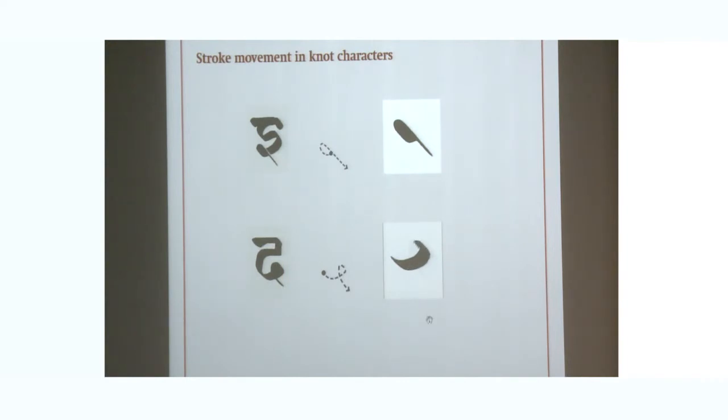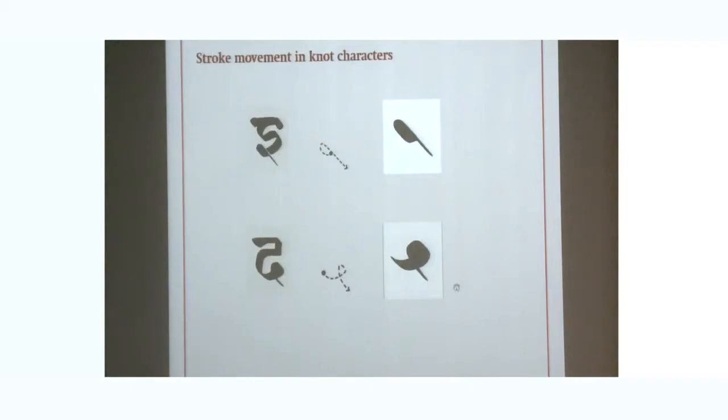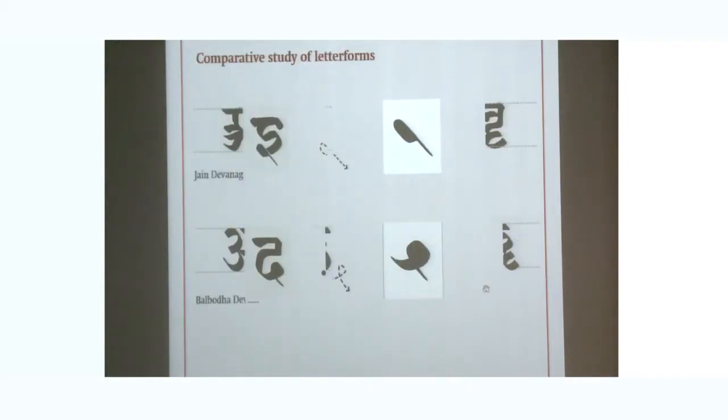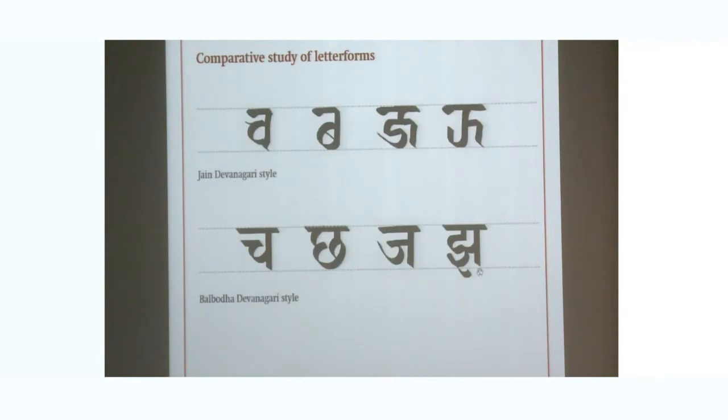You must have used this one for Devanagari Barbodi. So far, we have focused on the typical characteristics. It is also interesting to look at how the letters are treated in Jain style.